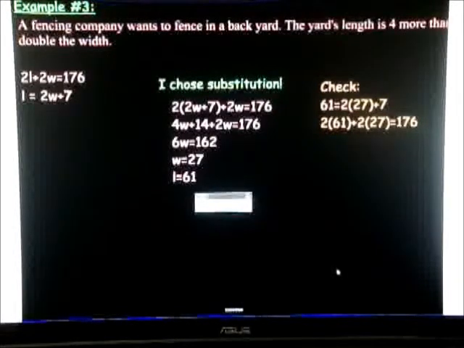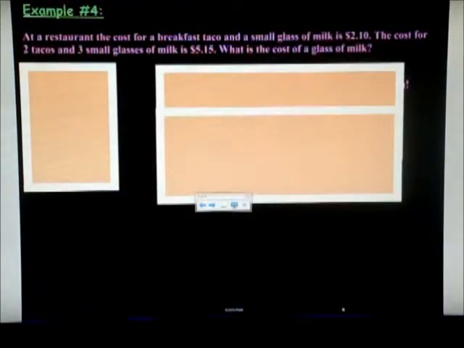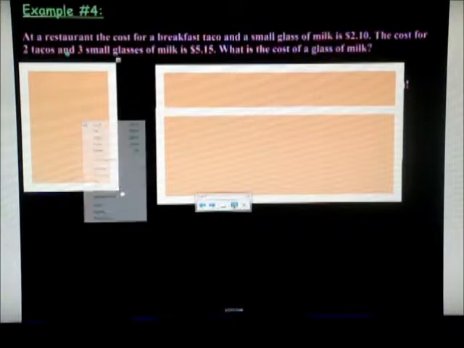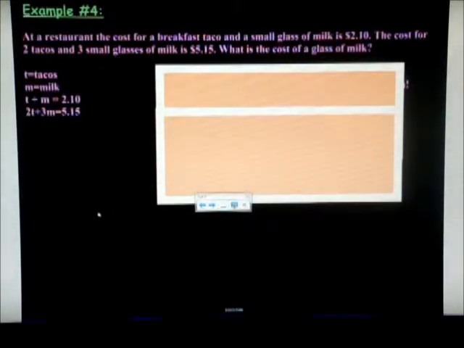I'm going to go on to the last problem in about 2 seconds. Example 4. Variables and equations.